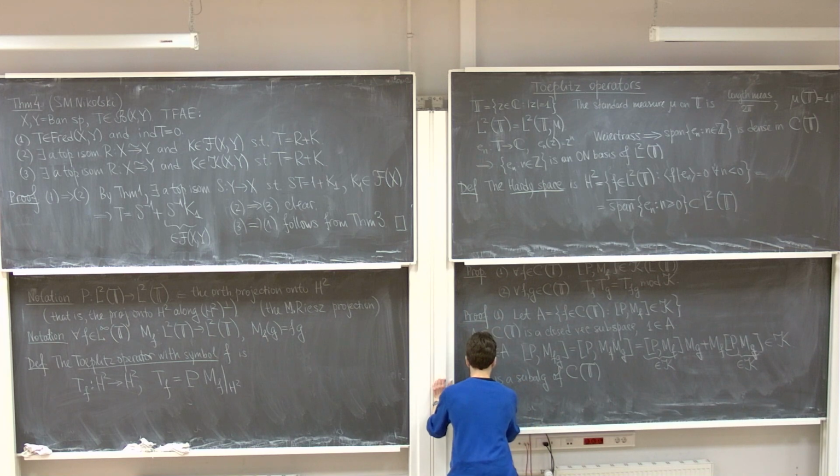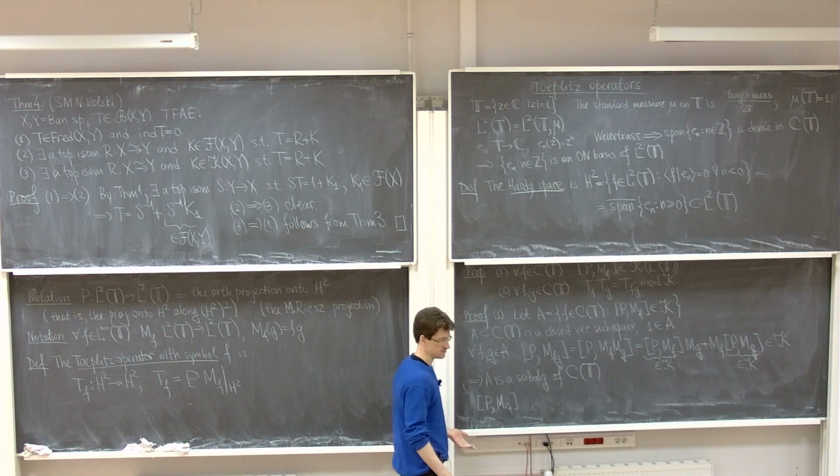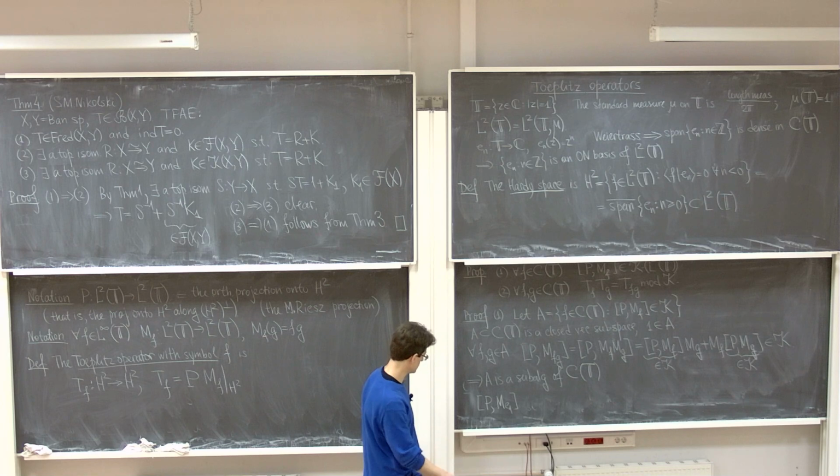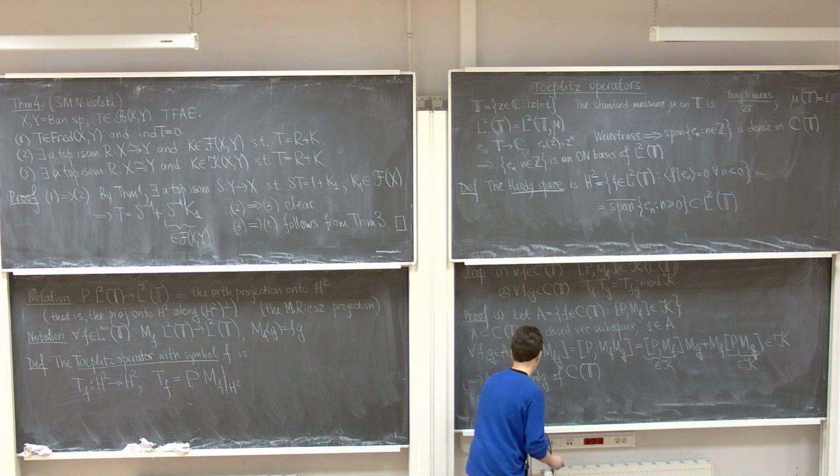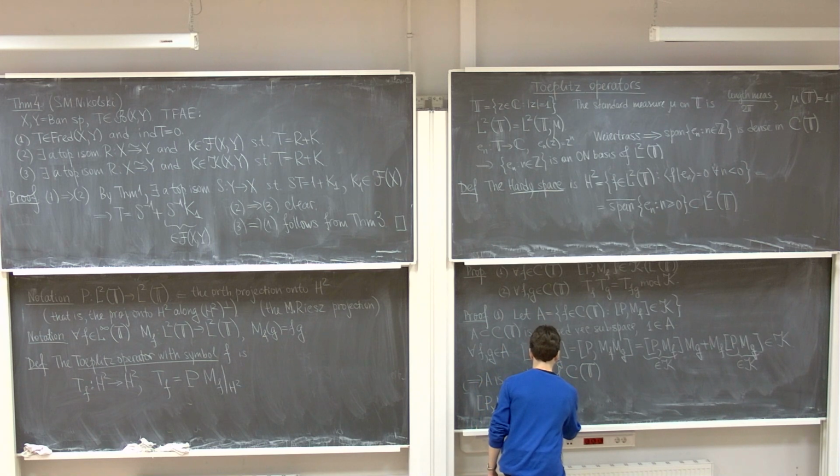So if we calculate the commutator of P and M_{e_1}, where M_{e_1} is just the multiplication by the coordinate, then the result will be as follows. The action of this operator on our trigonometric basis looks as follows. It takes e_i to 0 unless i is minus 1, and to e_0 if i equals minus 1.